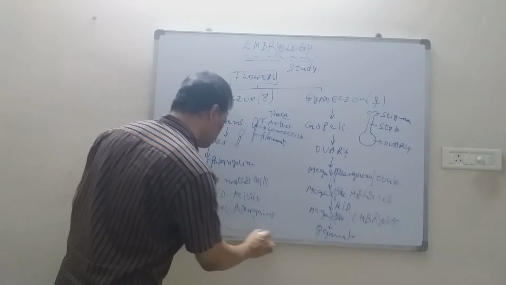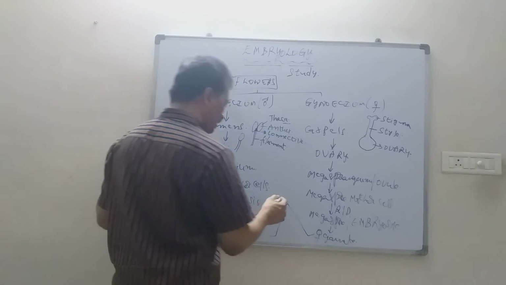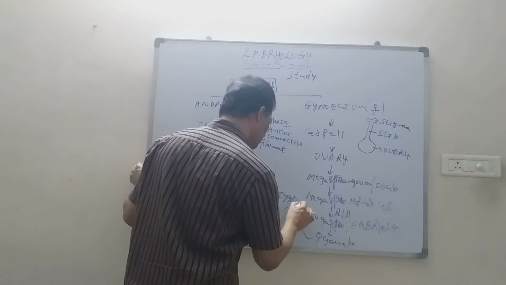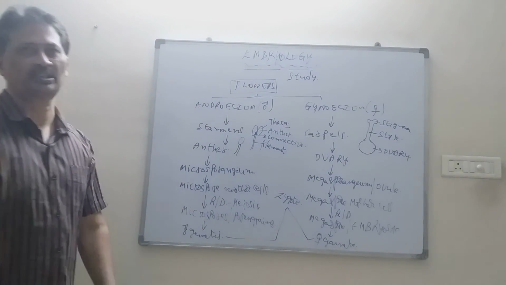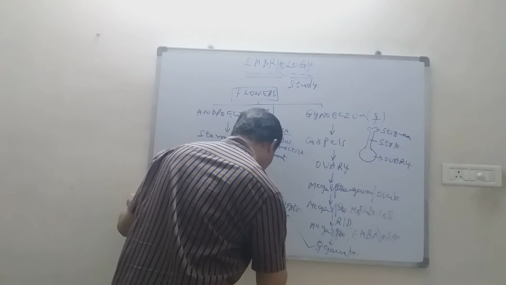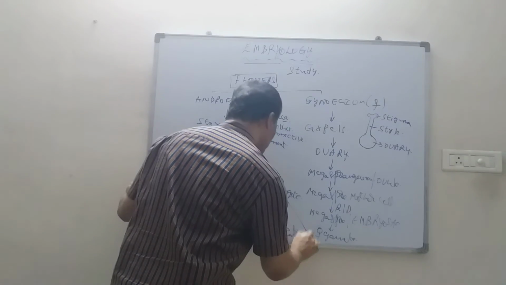So afterwards, what happens? The male gametes and female gametes join together and produce a structure called the zygote. The process of union of male and female gametes is called the fertilization process.